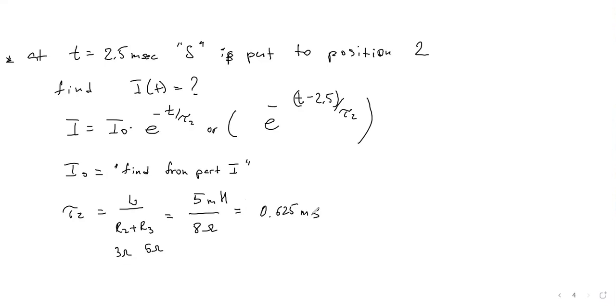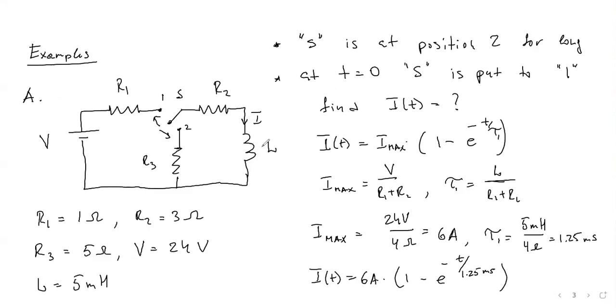So it's a new time constant. How would you find the initial current then? The current that was right before you change the switch. We can use the previous formula for this. The current was building up, and when time was 2.5 milliseconds, we changed the switch.